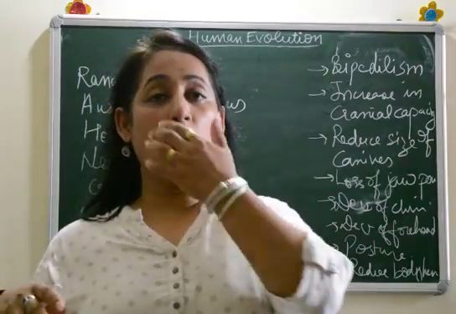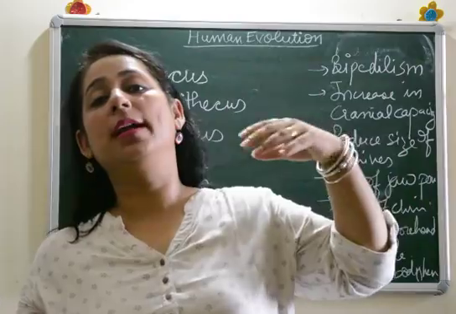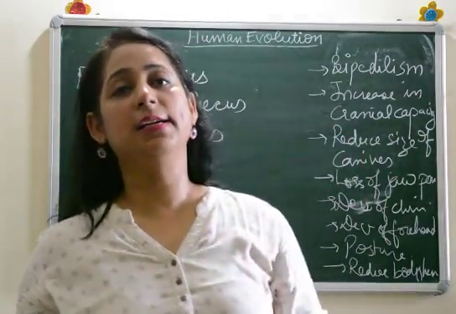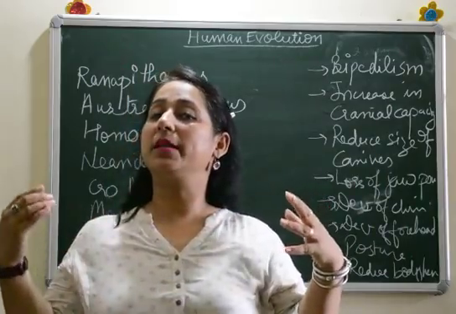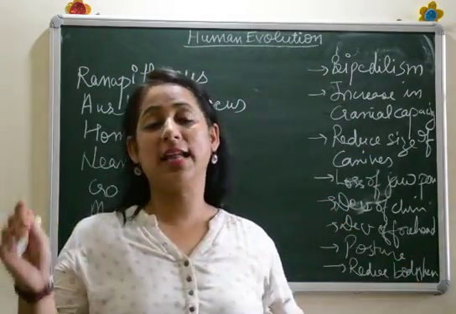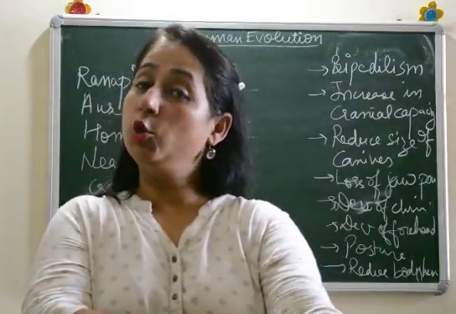There were multiple fossil studies conducted. Fossils of all our ancestors were found or dug out and studied, and the links were connected in order to find out how the humans, or the apes you can say, must have evolved into humans.